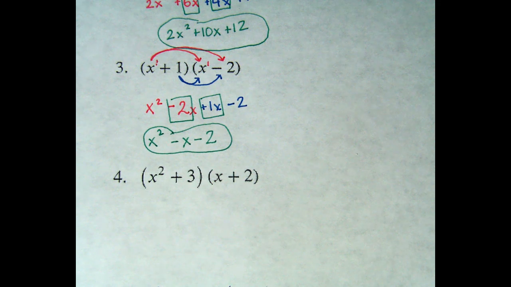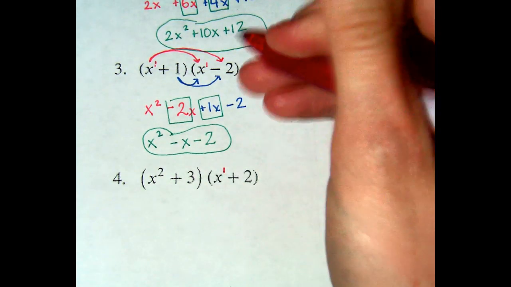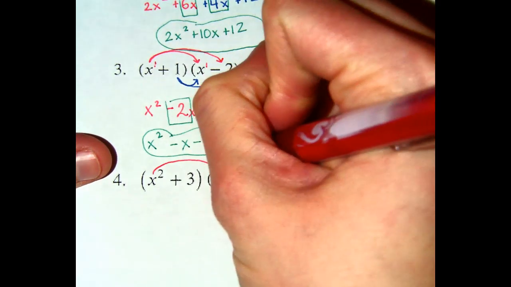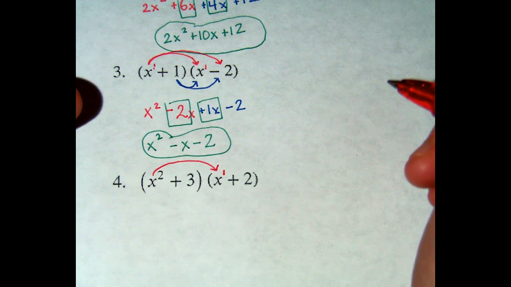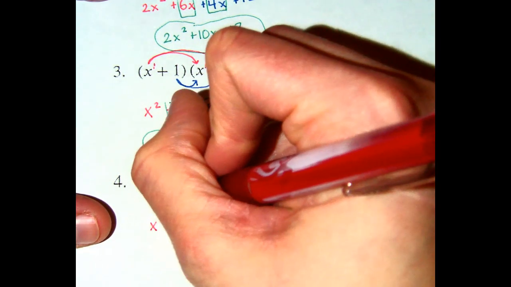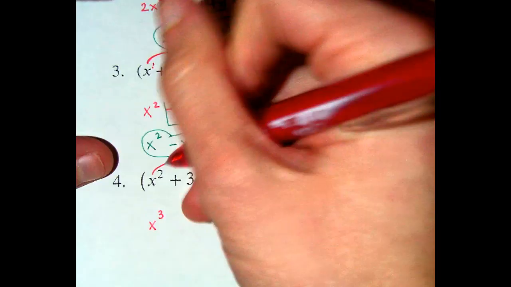Alright, now is where we've got a little bit extra, but it's not any different than what we just did, or the extra stuff we did yesterday. X squared times x is x what? X cubed, or x to the third. That's right, because you're adding exponents 2 and 1.